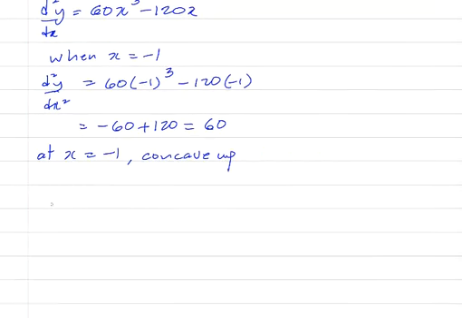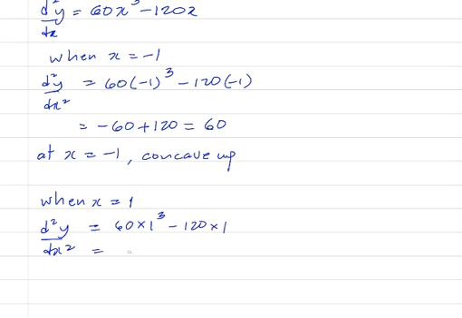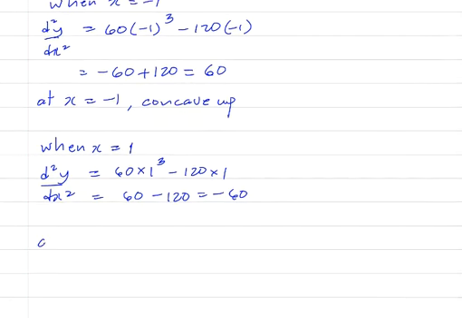I'm going to say when x is equal to 1, d2y by dx squared would be equal to 60 times 1 cubed minus 120 times 1, which is 60 minus 120, which is equal to minus 60. So at x is equal to 1, the function is concave down.